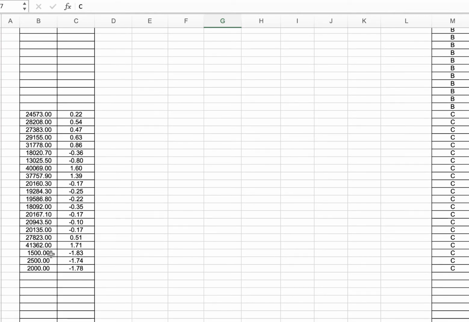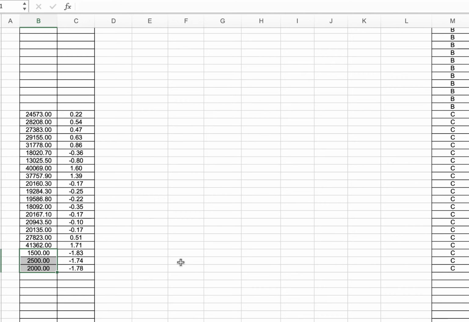Here's our data, though, and we can see that although these last 3 z-scores are not clearly outliers, let's look at the data itself. The data itself, 1500, 2500, 2000, these don't even look like the other measurements. Not only are they so much less than the other measurements, but they're just not the same type of data, right?